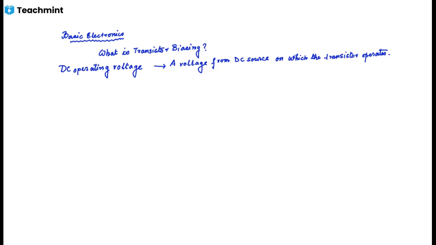To achieve this function satisfactorily, that means the amplification that we are achieving has to be correct. So for the amplification and the switching functions, if we want a satisfactory result, a transistor must be supplied with a certain amount of current and voltage.